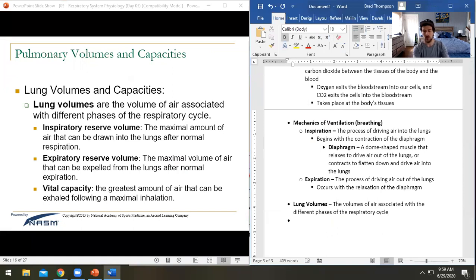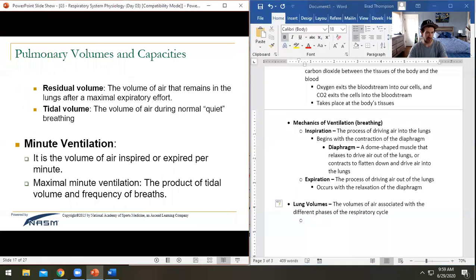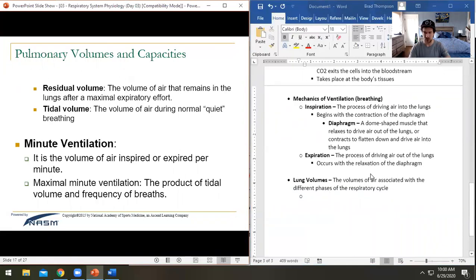So your lung volumes are all those different ones. I guess I will put these in here. Actually, you know what? Let's start with tidal volume. I know tidal volume is technically later on in this list, but that's the most important one, so we'll start with that, and that's kind of where breathing starts.